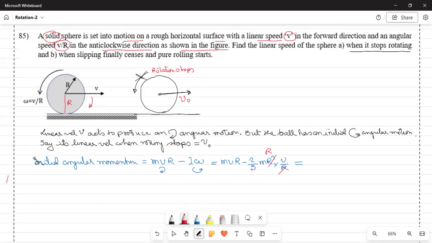So mvr minus 2 by 5 mvr is equal to 3 by 5 mvr. So its initial net angular momentum is 3 by 5 mvr. Say this is condition 1, and this is condition 2.